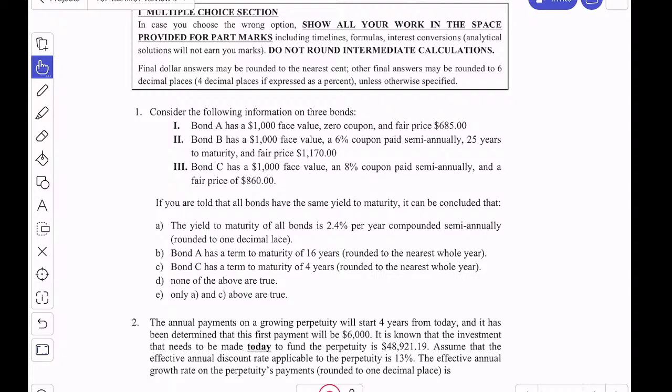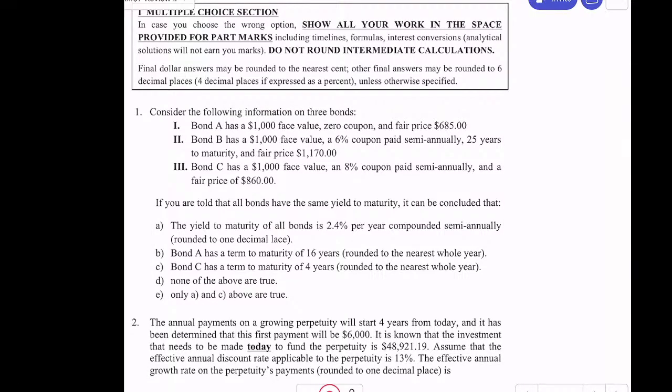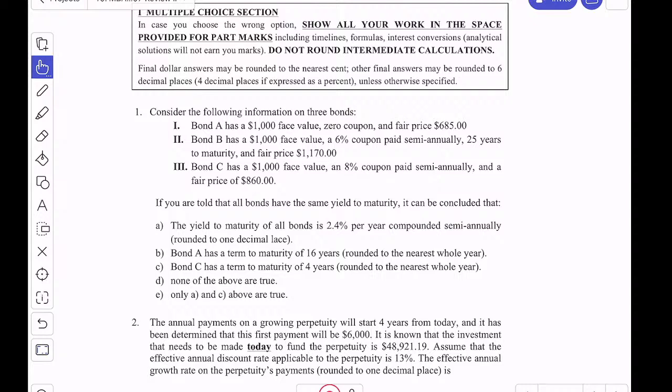This is document number 10. Okay, so our approach is going to be to use the information given, not look at the options yet. Don't look at those yet.